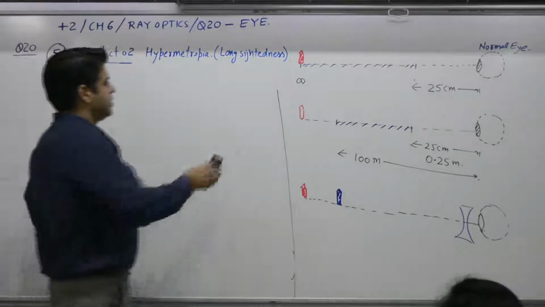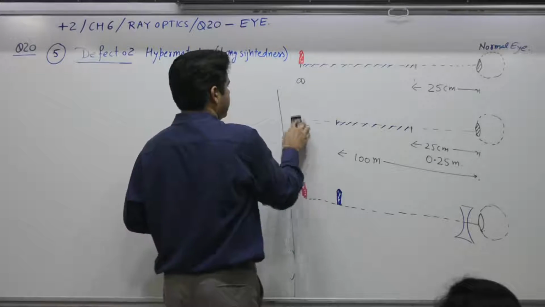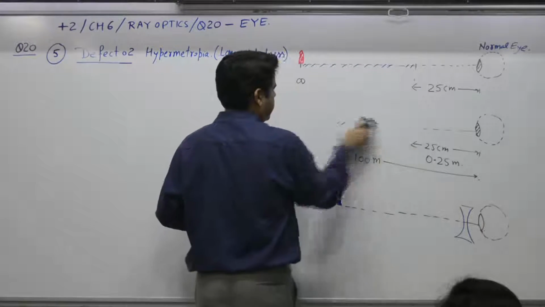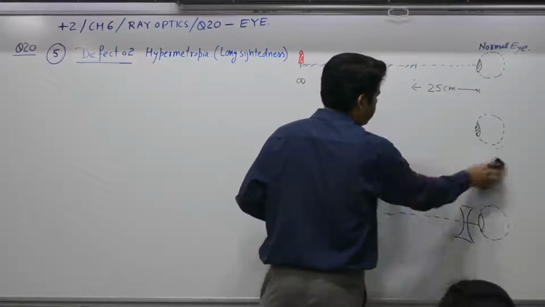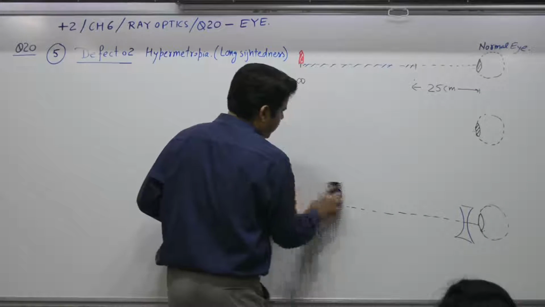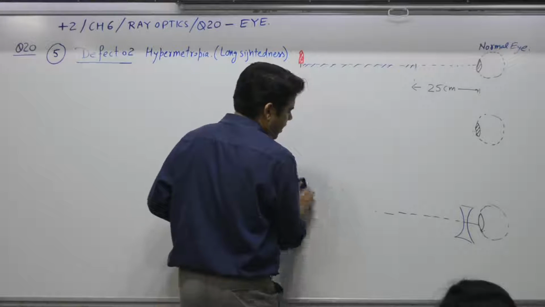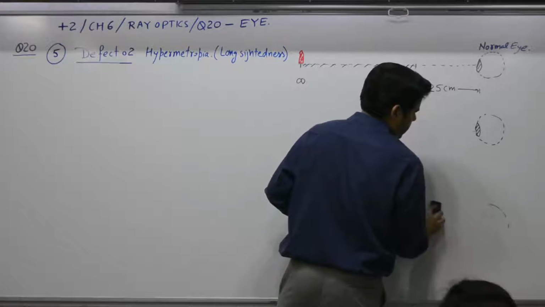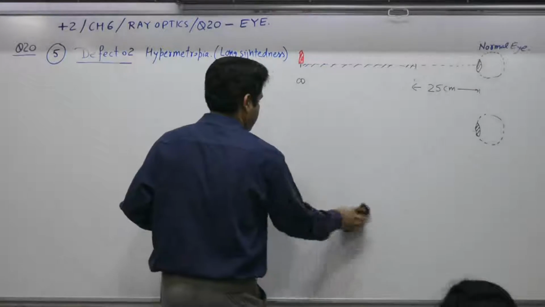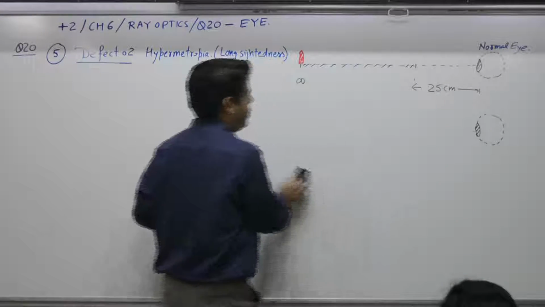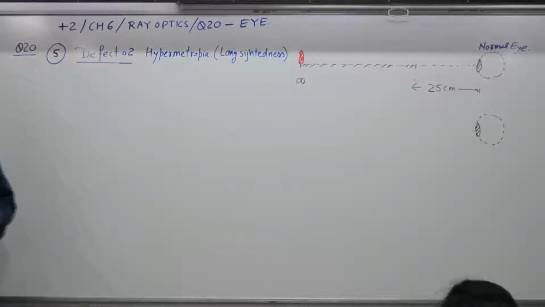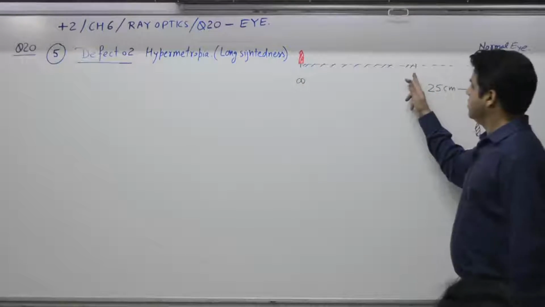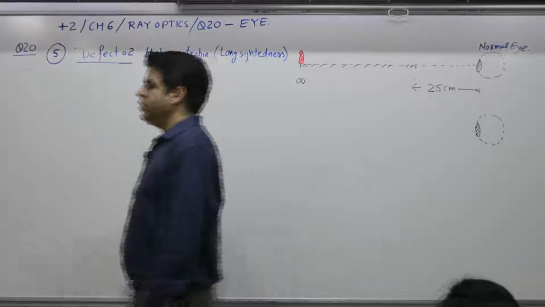First, what's wrong with this eye? Again, before you take into account a defective eye, we need to know normal eye can see object from 25 centimeter to infinity.